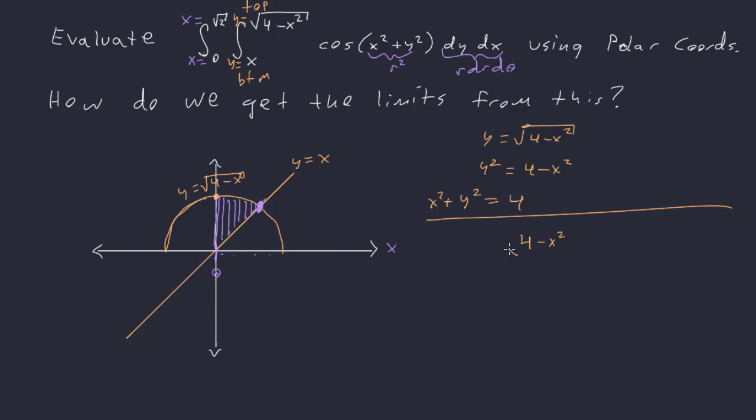So if you take 4 minus x squared square rooted equals x and square both sides, right, you'll get 4 minus x squared is equal to x squared. So 4 is equal to 2x squared. So x squared is equal to 2. So x is equal to plus or minus the square root of 2. So that means that this is the x value square root 2. Okay, so we're looking at this region here.